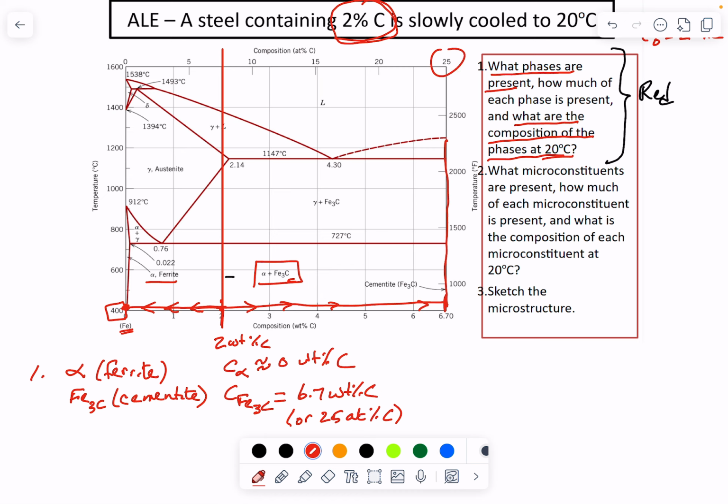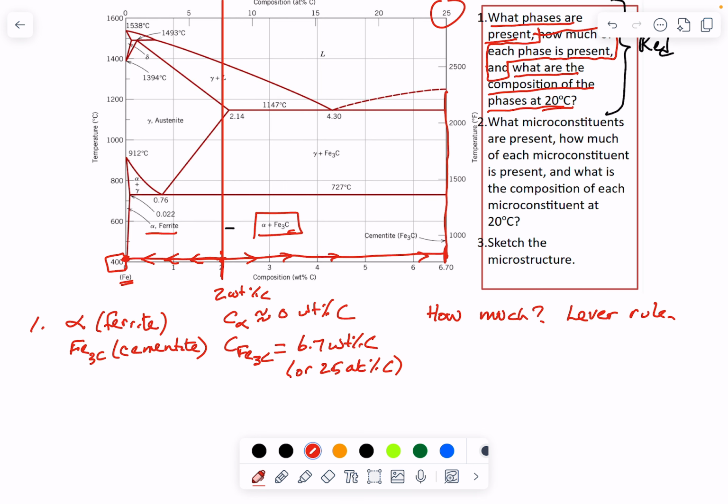Now I want to focus on how much of each phase is present. To do the how much, we use the lever rule. For the lever rule, I'm going to do a little bit of cleanup again.